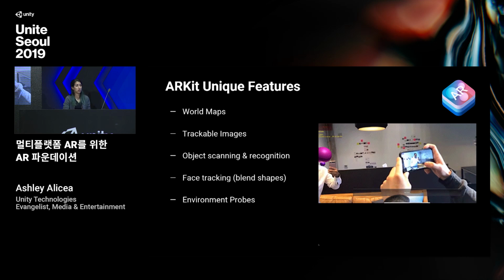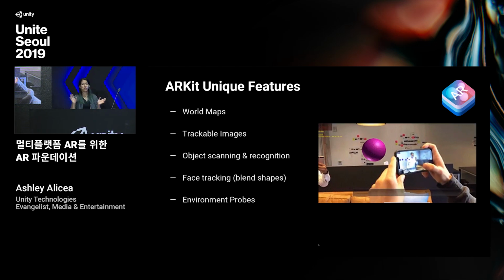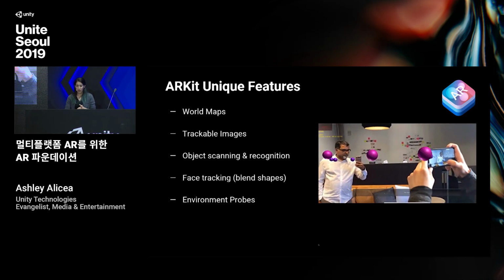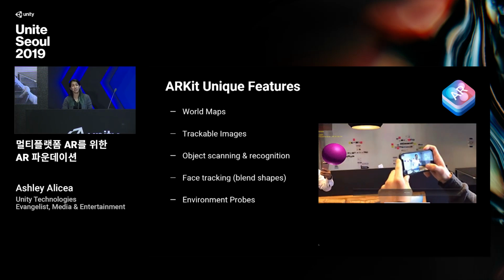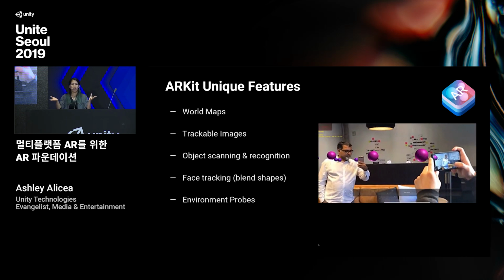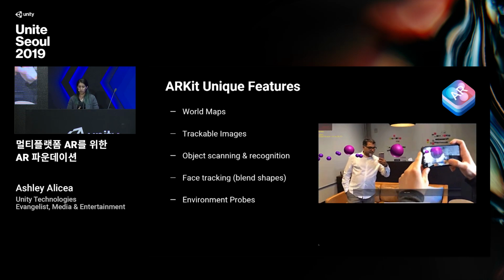Now, ARKit includes 40 sample scenes for all types of different features that you could use for your projects for reference in Unity. And with the iPhone X, you can do face tracking, and that's also included in the umbrella of the ARKit platform. And that's also included in those samples.